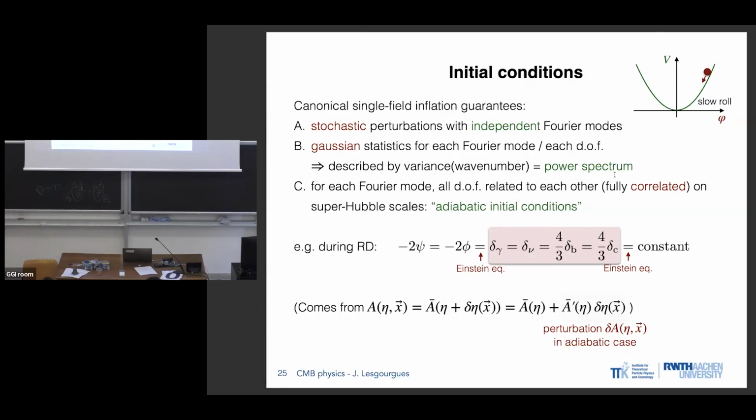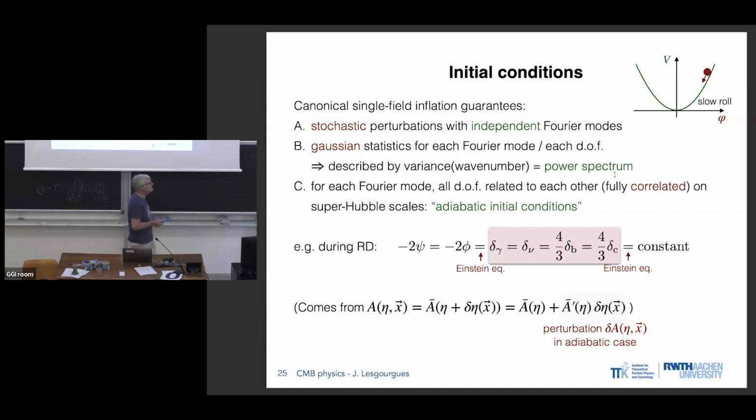And for this reason, all the fluctuations are fully correlated. Where I had an excess of inflaton perturbation, I know that I will have an excess of all other quantities, and vice versa for underdensities. And so you can obtain some very famous and nice relations between all the perturbations of the degrees of freedom.